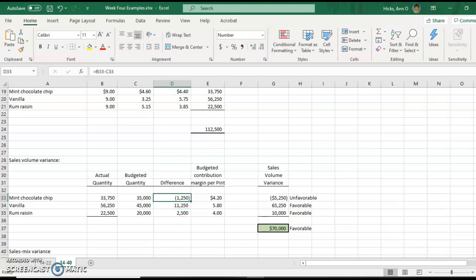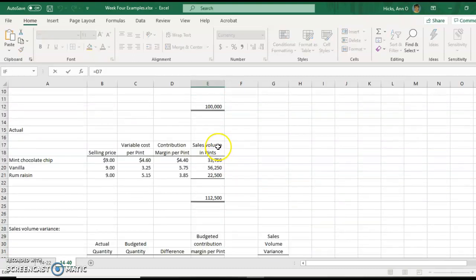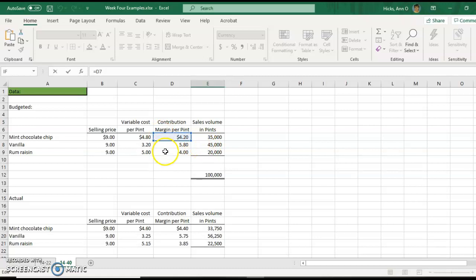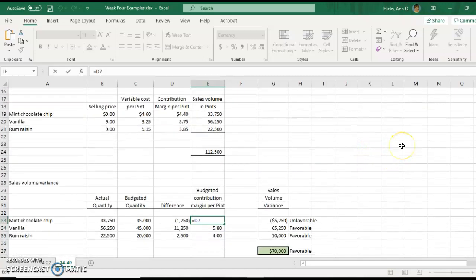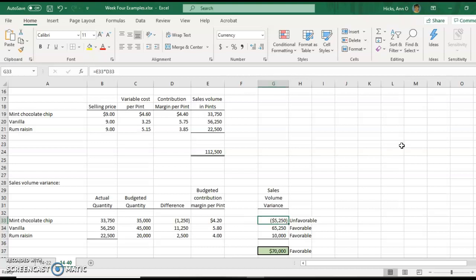And then we had the budgeted contribution margin per pint. This information came just from above, the difference between the budgeted selling price and the budgeted variable cost per pint. And so our sales volume variance is the difference between actual quantity and budgeted quantity times the budgeted contribution margin.